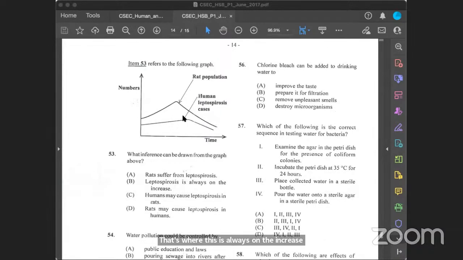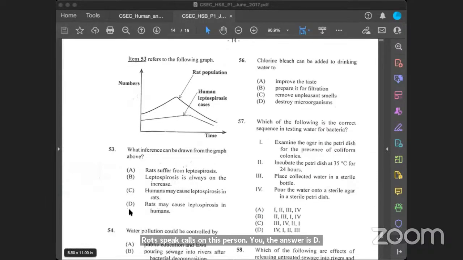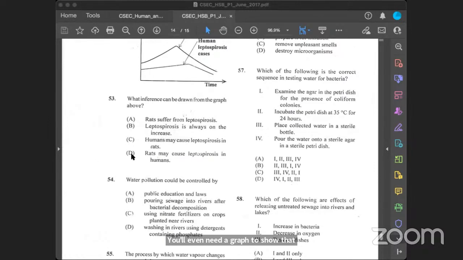No, it doesn't show always on the increase. It's also decreasing. But what we can see is as you have an increase in the rat population, so too is leptospirosis. Rats may cause leptospirosis in humans. The answer is D. You don't even need a graph to show that.